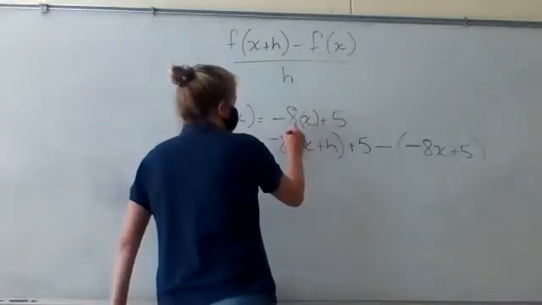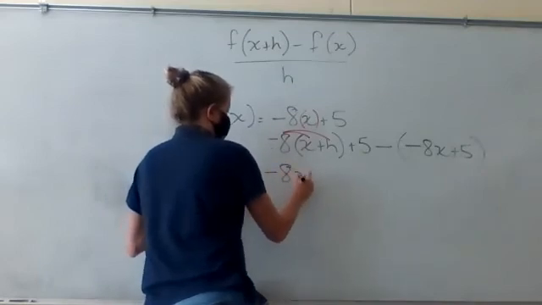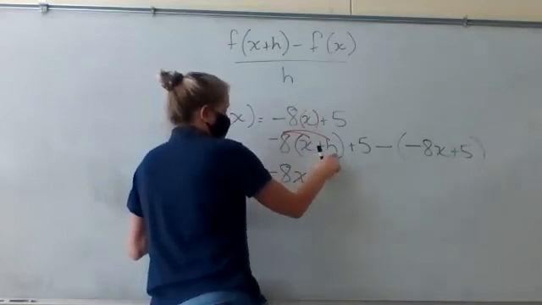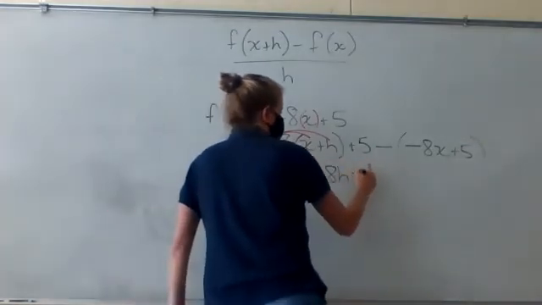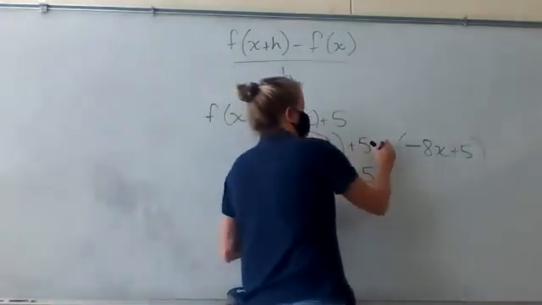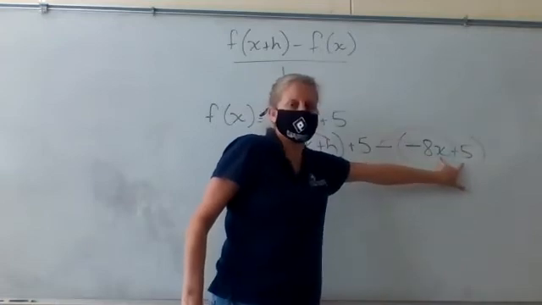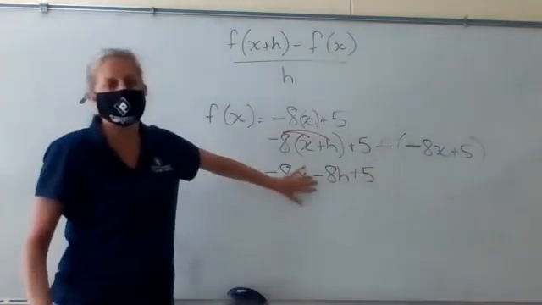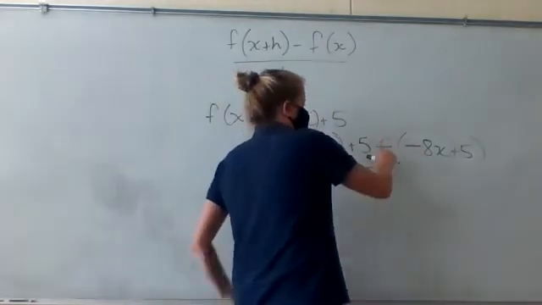So this -8 needs to distribute. -8x. -8 times h is -8h. Bring down my plus 5. Now, this second part, when this negative distributes to both of these, it's going to make everything in this parentheses cancel something up front. So look what it turns this -8x into.